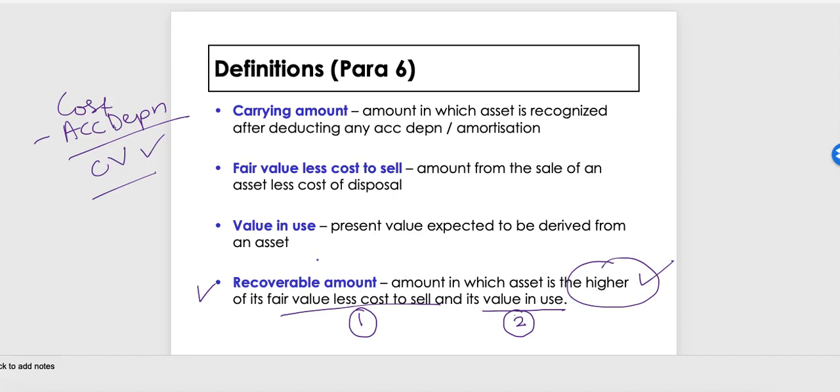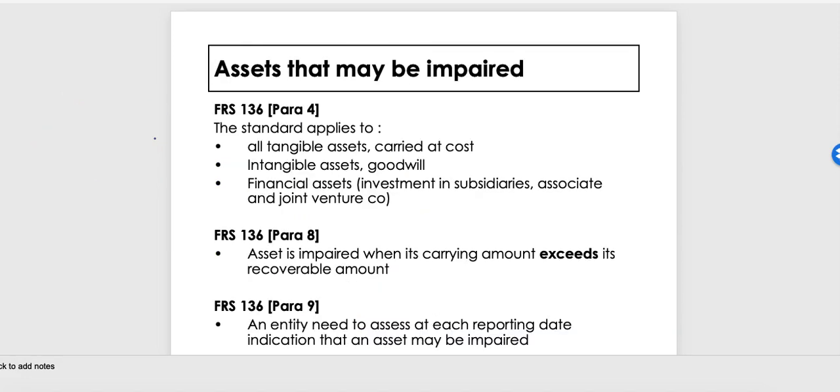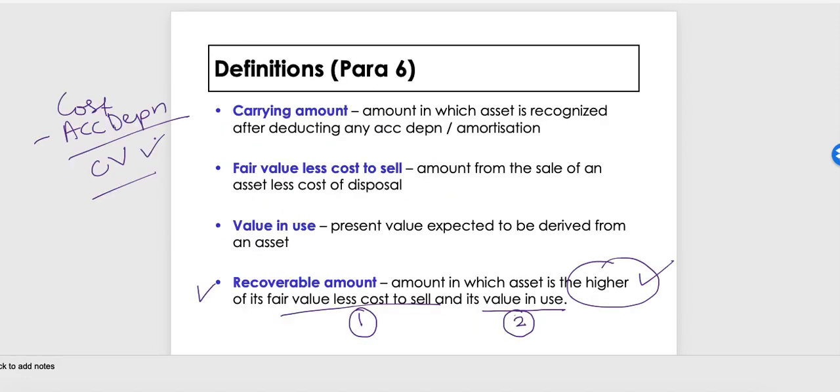And what is fair value less cost to sell? Fair value less cost to sell is the amount from the sale of an asset less the cost of disposal. Assuming that when you do the impairment test, let's say today I want to sell this asset.